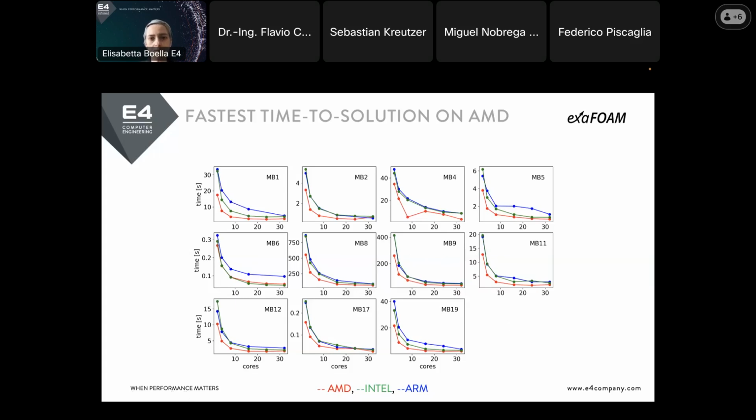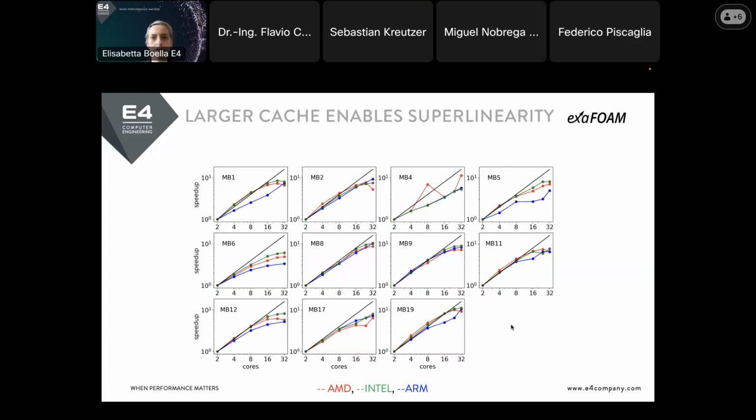Using the data here, we basically computed, sorry, maybe like this you see better, we computed the speedup, and as already mentioned for the Grand Challenge industrial cases, also for the microbenchmarks we observe superlinear speedup, and we observe the superlinear speedup especially on AMD.